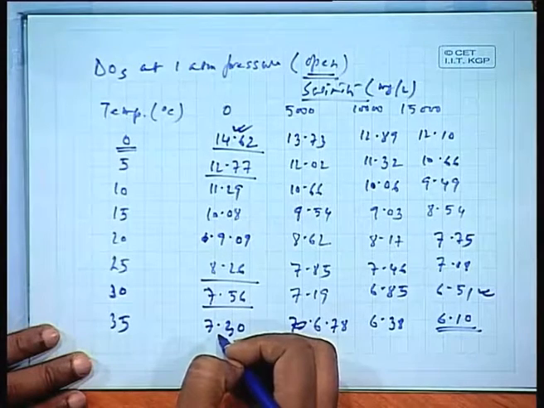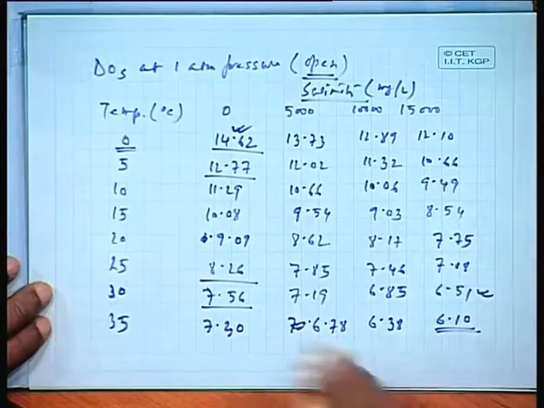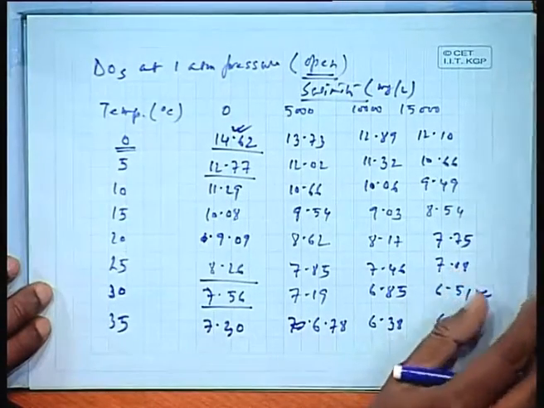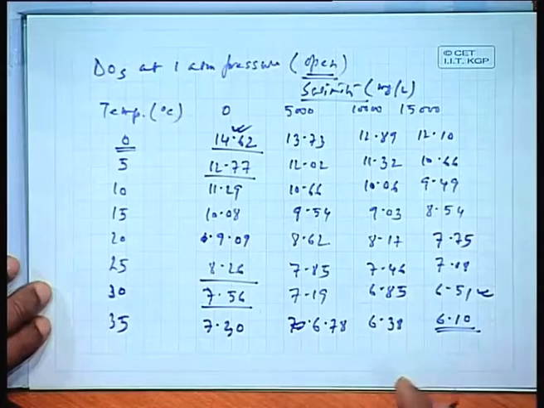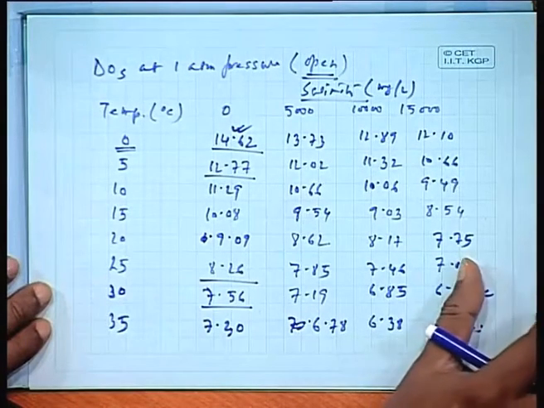The deficit essentially increases with temperature. So this particular plot, this particular table, would be of great importance, because in many situations you would require this.